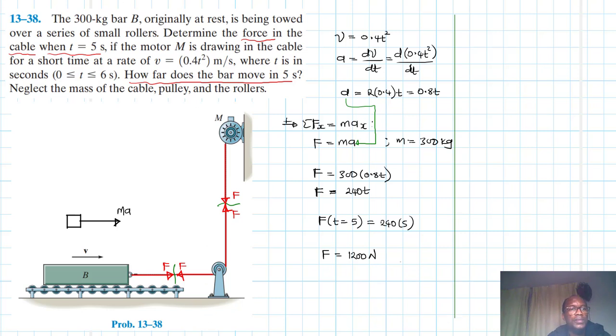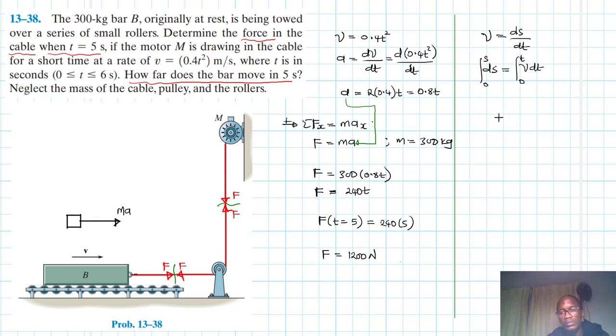So we need to find the distance that this bar travels in 5 seconds, how far it goes. We know that v is just equal to ds/dt, and therefore our ds is just going to be equal to v dt. So integrate this from 0 to s, from 0 to t.